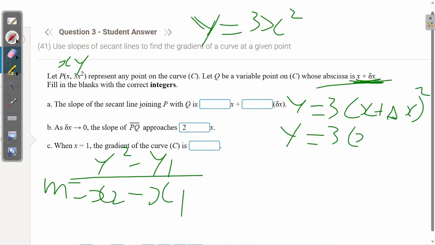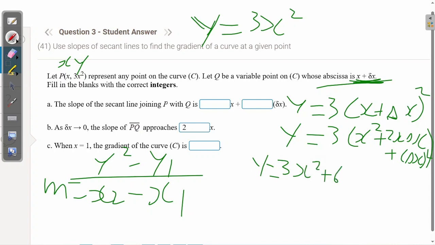Distribute it, you're gonna get x² + 2xΔx + Δx². So y is gonna be equal to 3x² + 6xΔx + 3Δx².